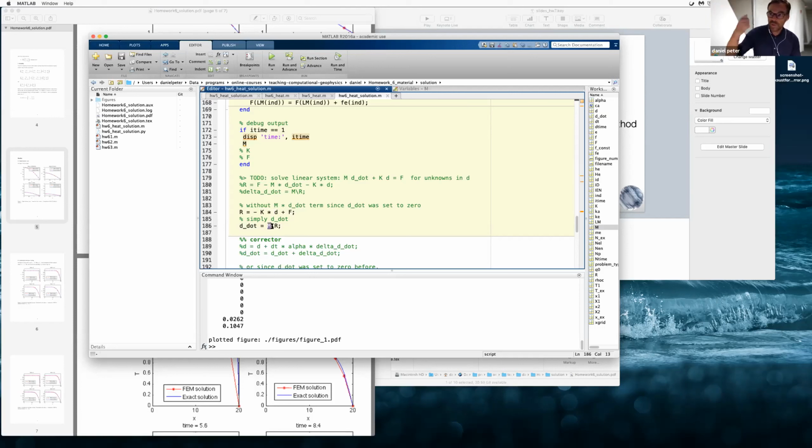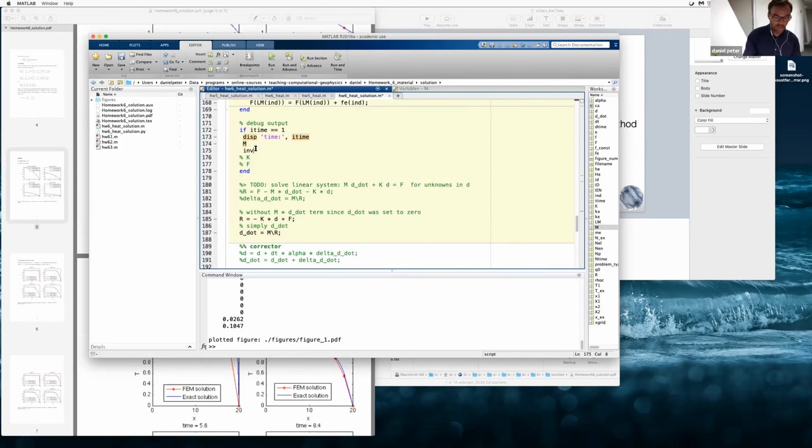In order to do the time stepping, we have to bring over the mass matrix. So we have to invert the mass matrix. Let's see if inv(M) gives us something. Not sure if that runs.